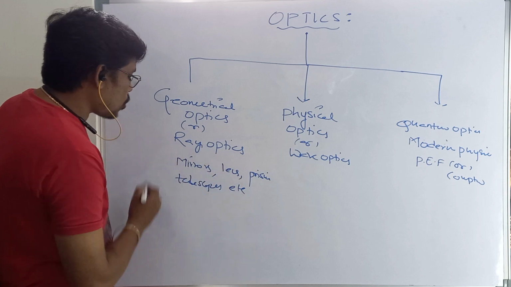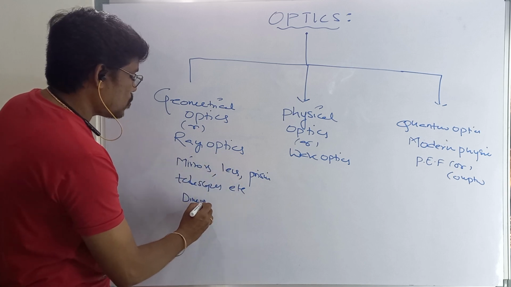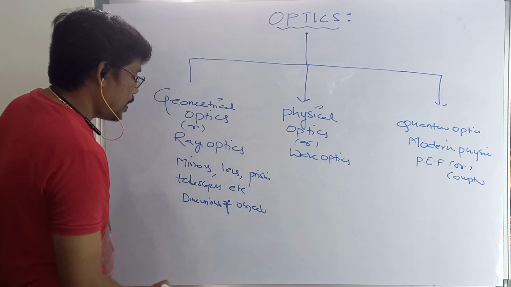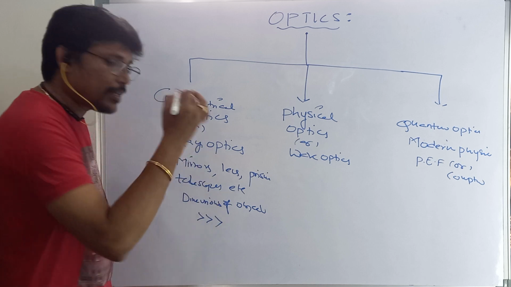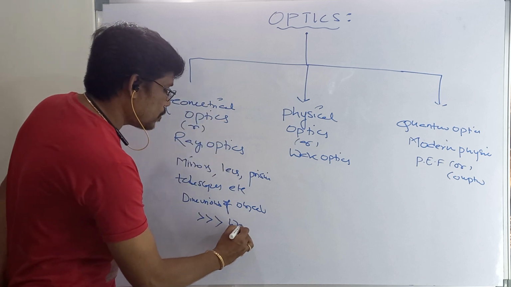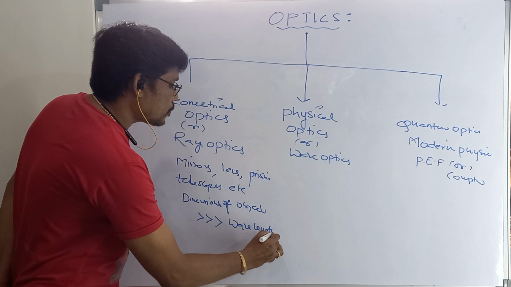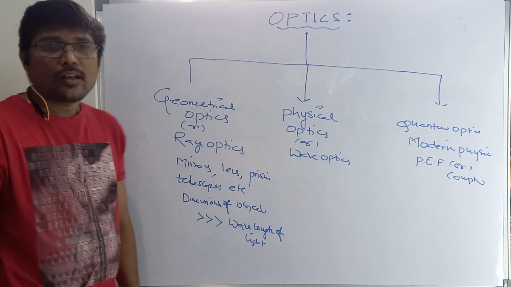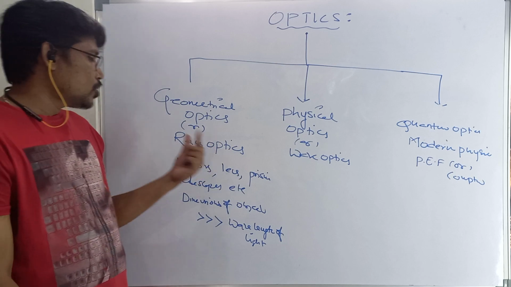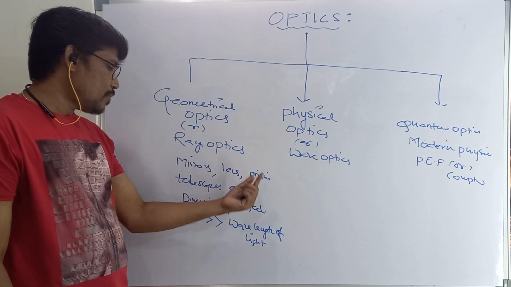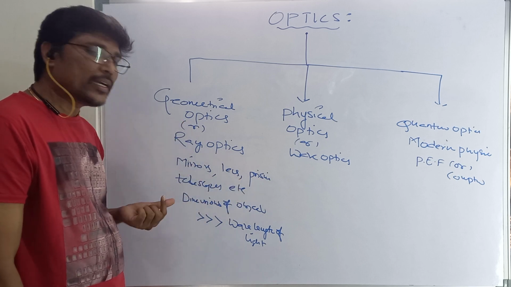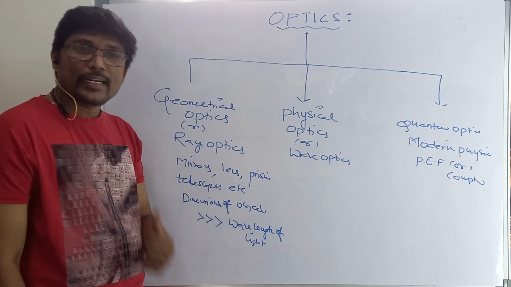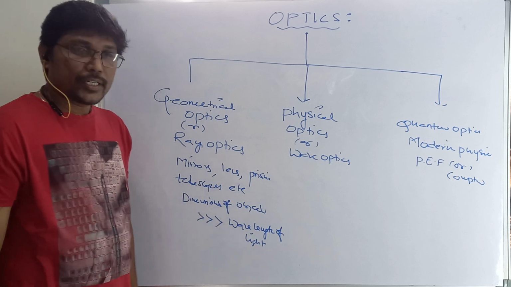Now, if the dimensions of these objects are greater than the wavelength of light, then it is considered as geometrical optics. So the dimensions of objects like mirrors, lenses, prisms and telescopes used in geometrical optics are greater than the wavelength of light.